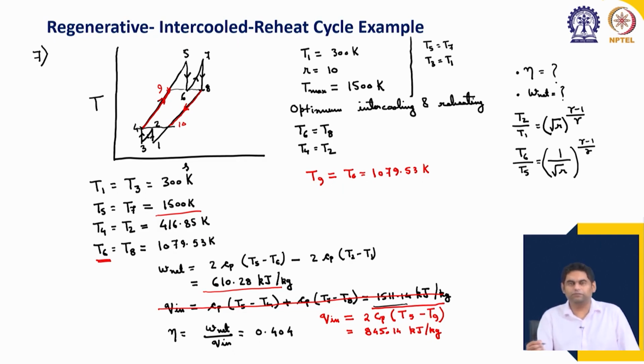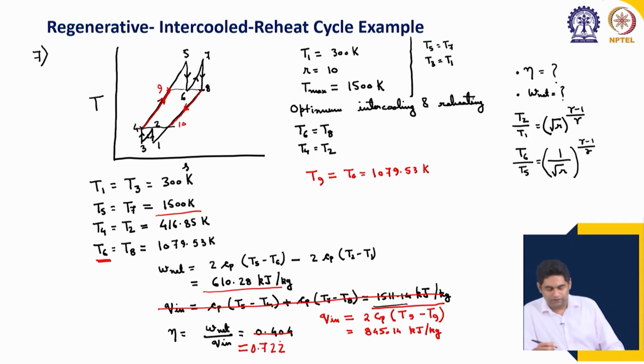The regeneration is so powerful here. Okay. And as a result, the efficiency is also going to change. So, in this case instead of 0.404, we will get a very high efficiency, as you can see: 610.28 divided by 845.14. So, this is equal to 0.722, okay, 72.2%, which is a remarkably high value if we consider a heat engine operating between these temperatures.